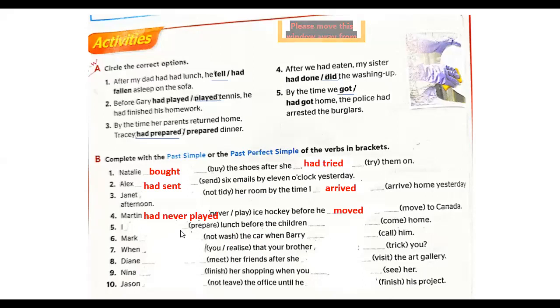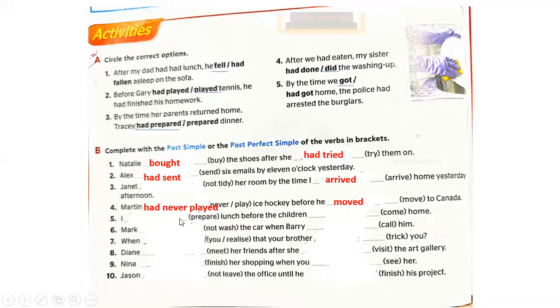Number 3 wasn't solved. Before the children what home. Who's saying came? Yes, it's right. The one who's saying came is right.